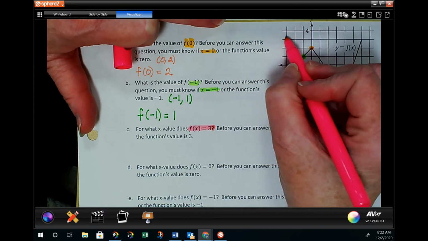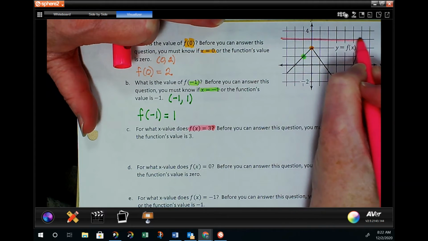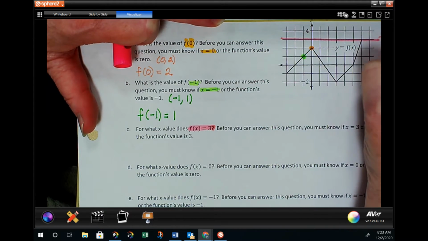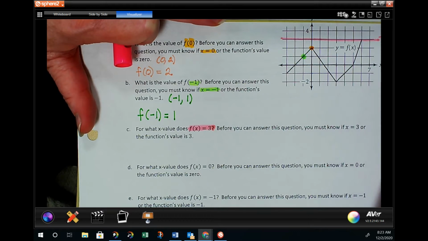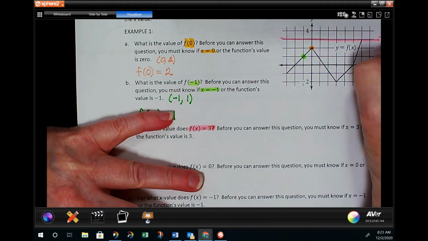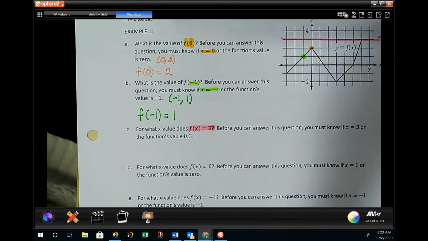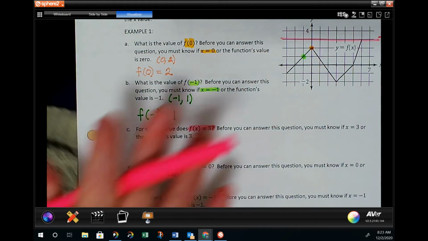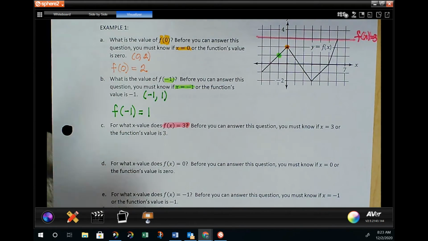I'm just going to draw that horizontal line when f of x equals 3. So when f of x is actually equal to 3, that horizontal line, f of x equals 3.